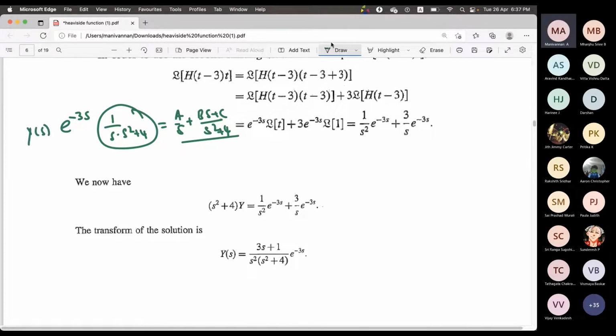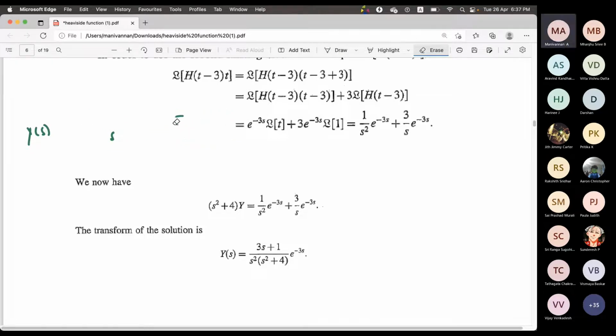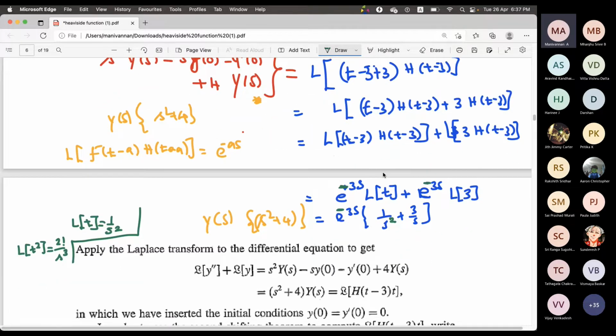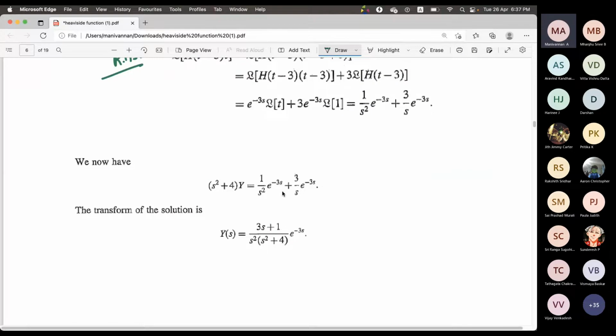Overall my Y of s can be considered as follows. This is from the L of t form; here we are computing the right hand side, and it is only the right hand side that has been evaluated. We computed it in the blue colored one. So this is s square plus 1 over the right hand side function. Taking the LCM, we get 1 plus 3s times e raised to the power minus 3s upon s square, which is the common term, and then s square plus 4.